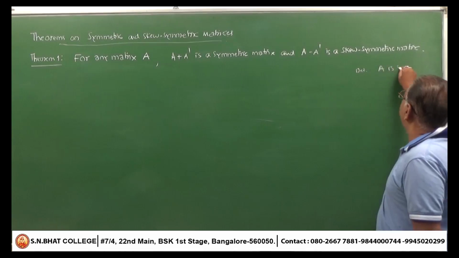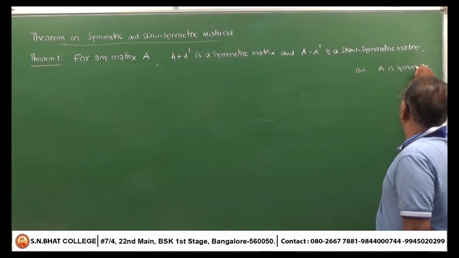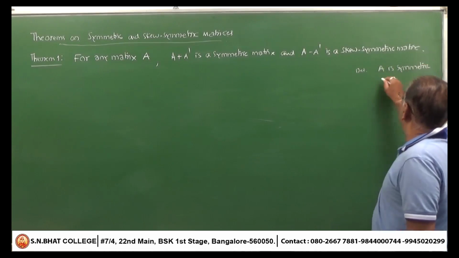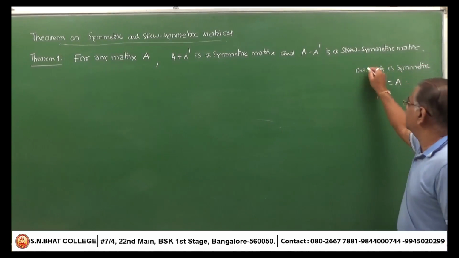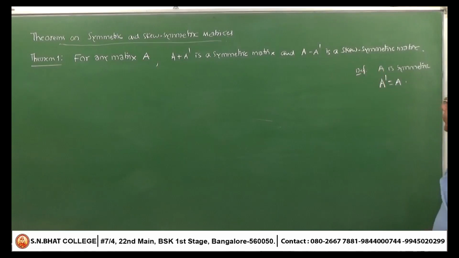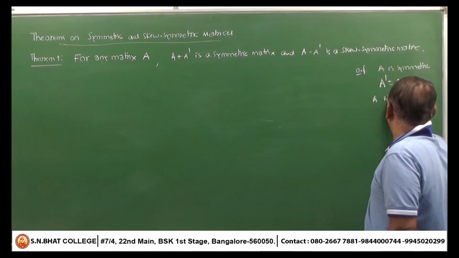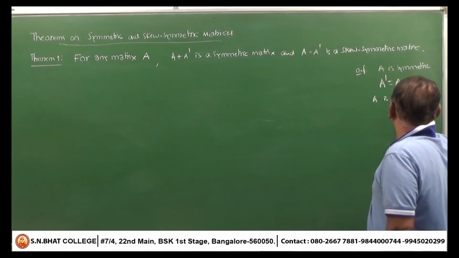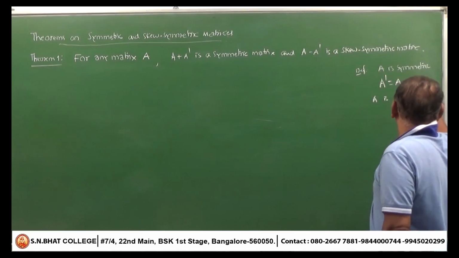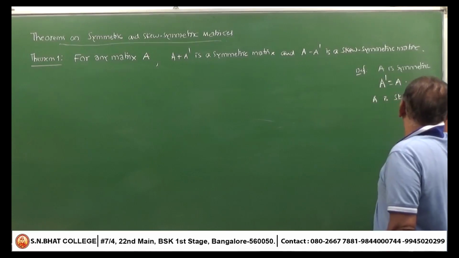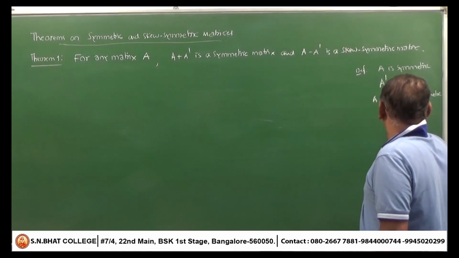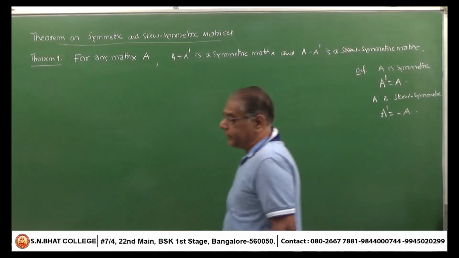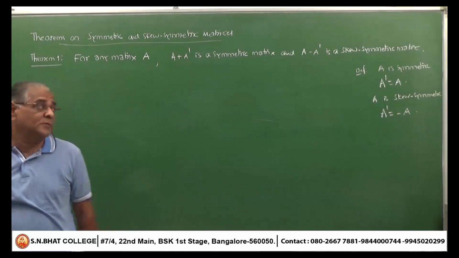Definition: A is said to be symmetric if A transpose is equal to A. A is skew symmetric if A transpose is minus A. This is the definition of symmetric and skew symmetric matrix.